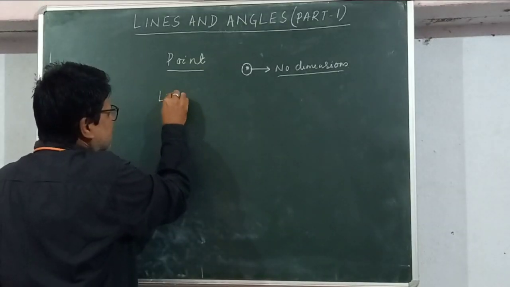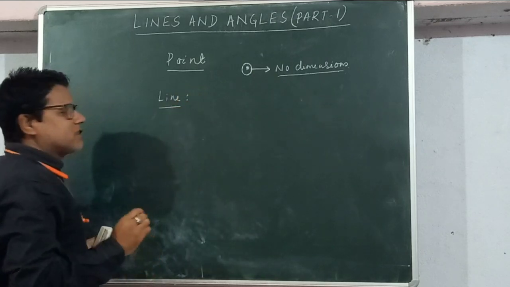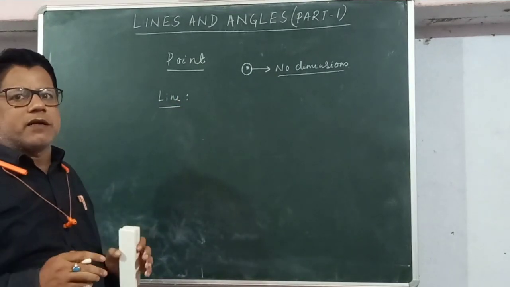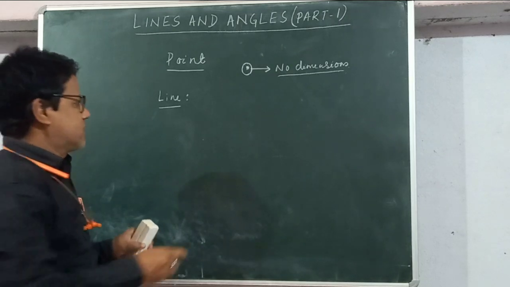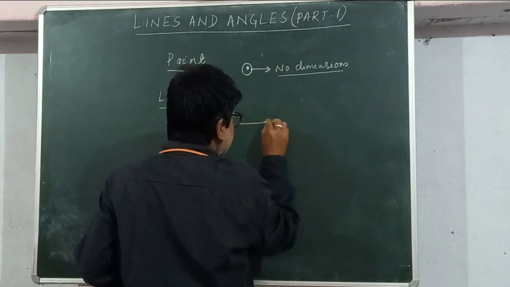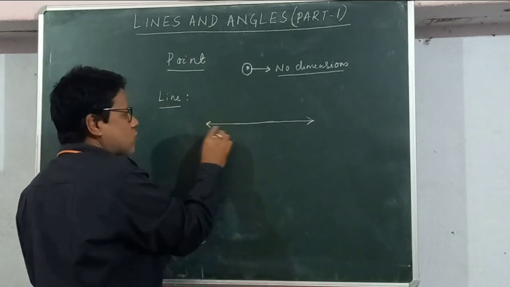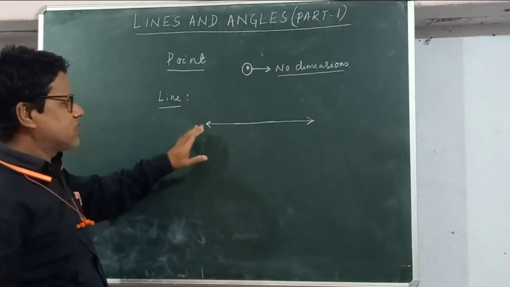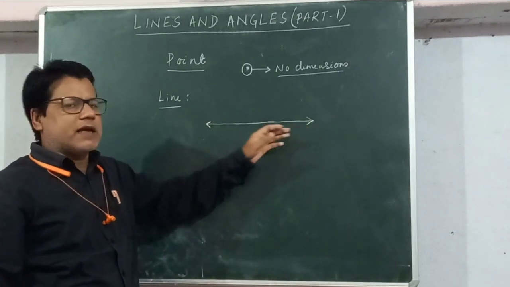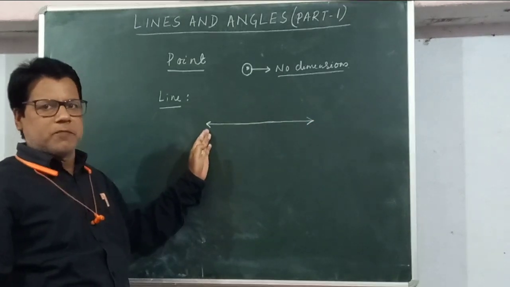Then comes the second one, a line. A line means a path extended on both the ends. This arrow mark shows that it is extended indefinitely on both the ends.